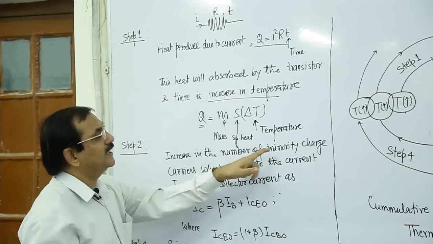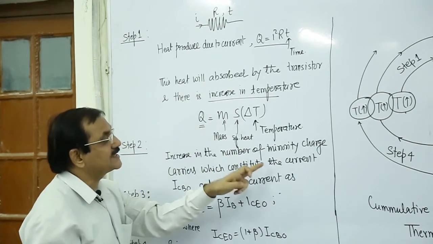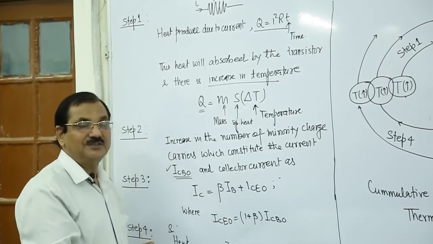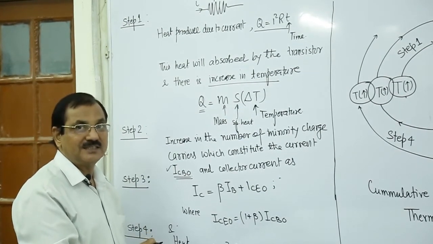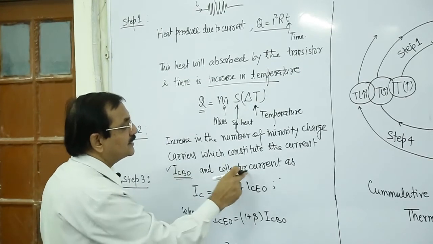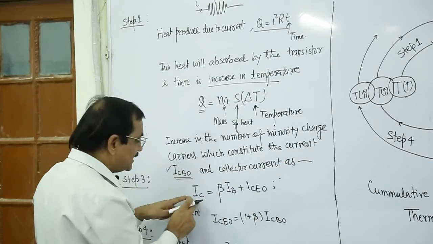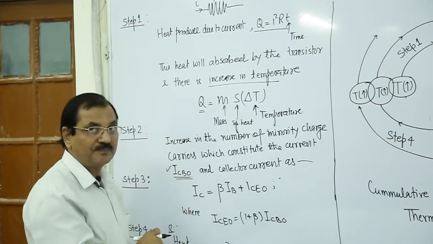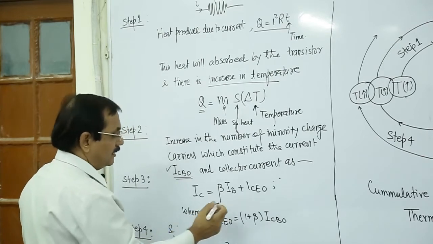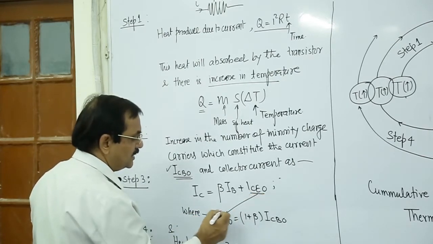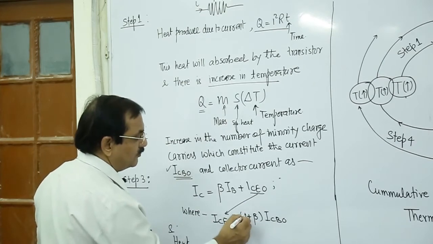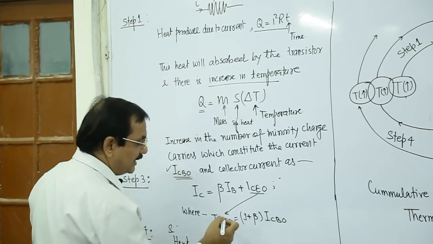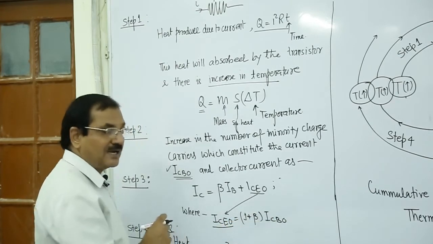Step 2 is the increase in the number of minority charge carriers, which constitute the current ICBO. ICBO will be the current due to the minority charge carriers in the transistor. And the collector current is IC equal to beta IB plus ICEO, where ICEO is equal to 1 plus beta times ICBO.